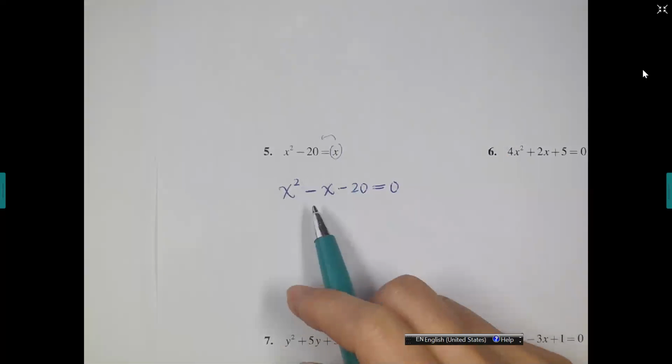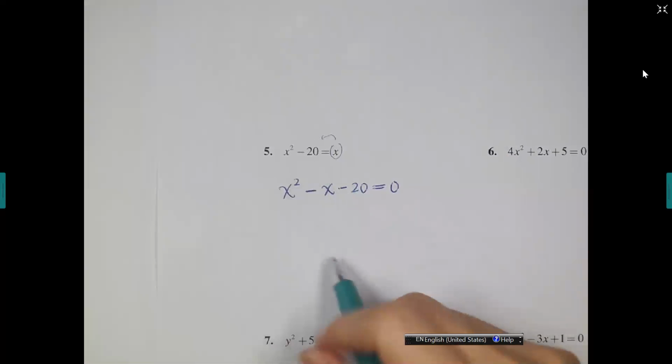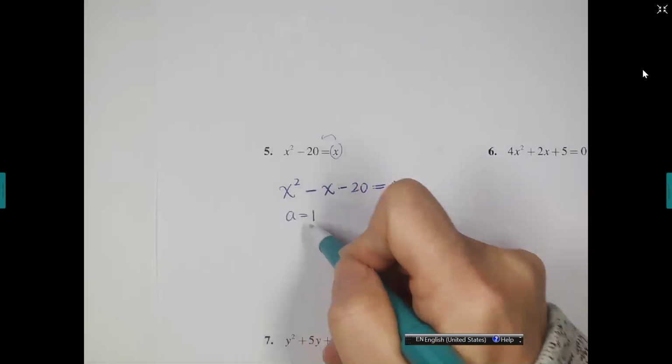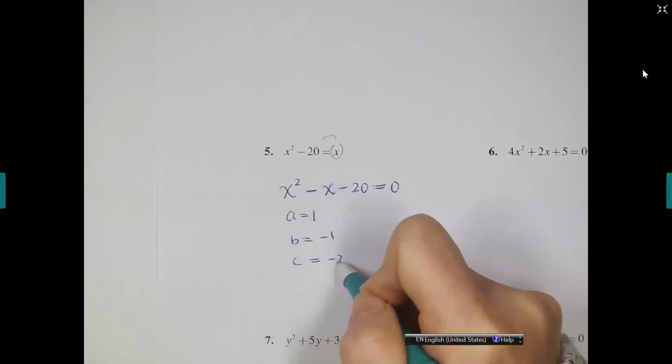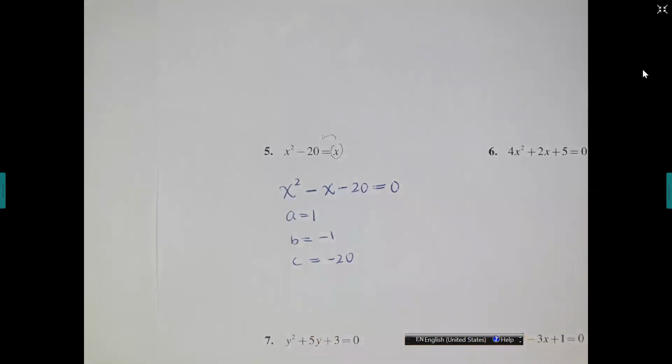Now it's very similar to what we just did: A equals 1, B equals negative 1, C equals negative 20. So sometimes we have to move all the terms to the same side by ourselves.